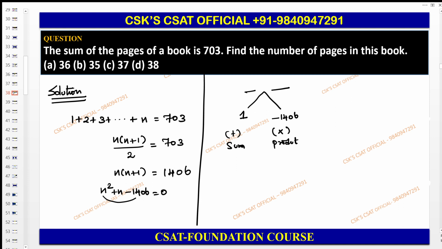So you need to learn the square terms. That is my suggestion. After this class, learn the square terms, 35, 45 square, like this. That will help you to solve the questions in a simplest manner. Now among these, 36, 35, 37, 38, only one of the values.